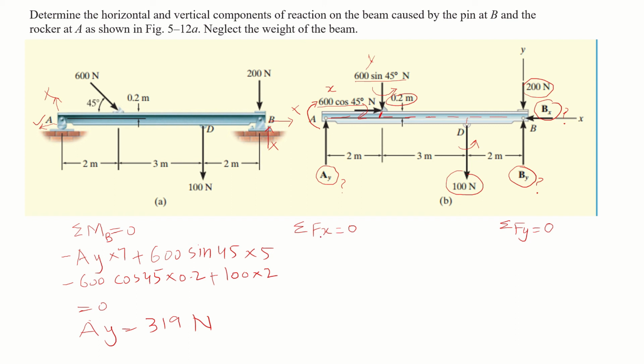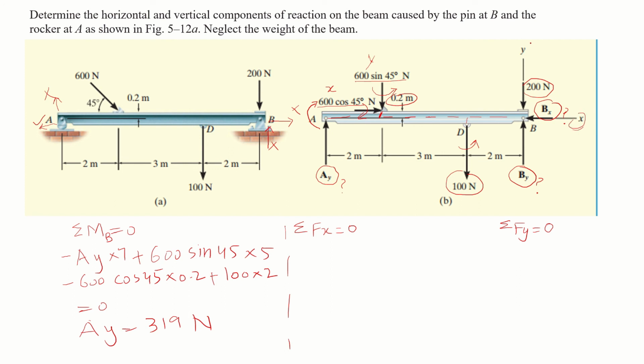Then we will apply the second equilibrium equation, which is the sum of forces along x equal to 0. So now we will sum up the forces in the x direction. We can see here that the force 600 cos 45 is acting on the right side, and on the right side x is positive.